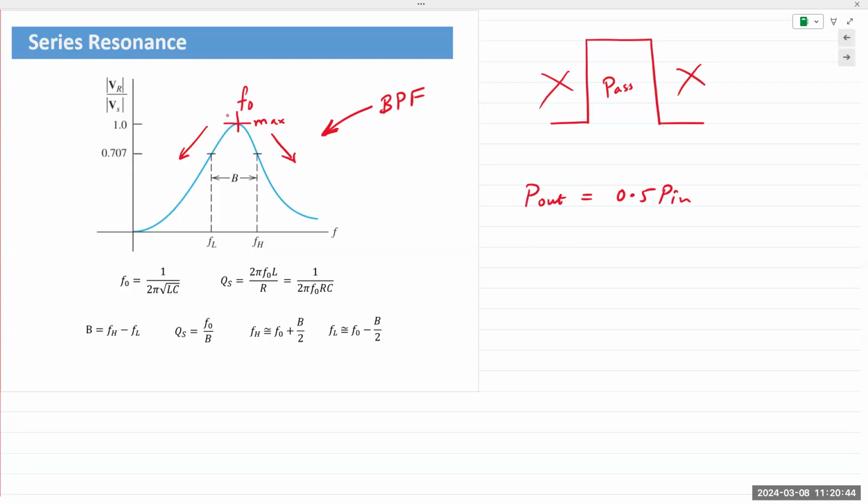So it translates to 70%, or 0.707 of V in. That intersects this curve in two places. So you get two cutoff frequencies. Everything else outside of those frequencies is considered to be blocked, even though we still receive some level of that voltage or power, right? Even though we are receiving a certain percentage of that input, we still consider that to be blocked. Okay.